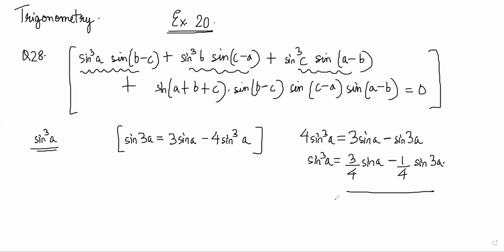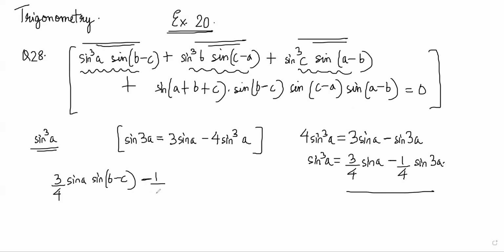So each term here you should simplify like that. Now instead of sine cube A, I'll write 3 by 4 sine A times sine B minus C minus 1 by 4 sine 3A times sine B minus C, right?